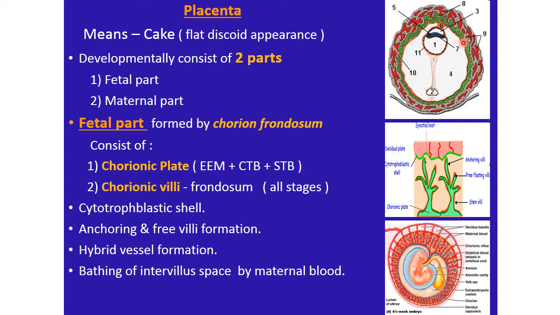Outer to that is that greenish layer of cells which is called the cytotrophoblast, and still outer to that, the grayish layer, which is called the syncytiotrophoblast, in which the lacunae have developed, which are now filled with the maternal blood.